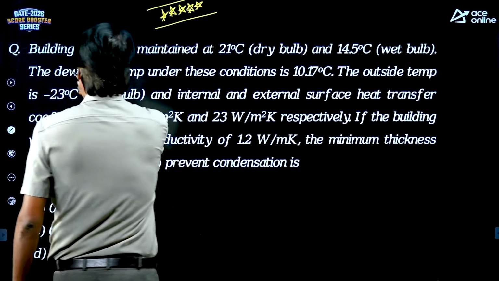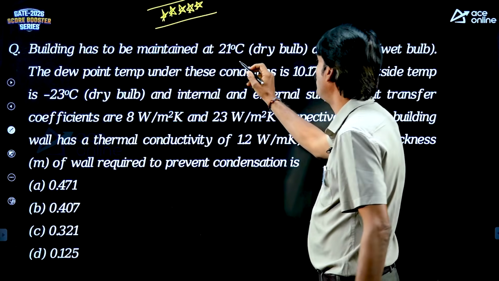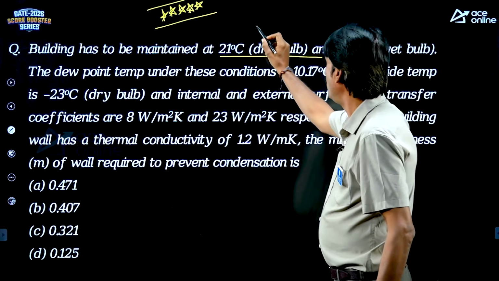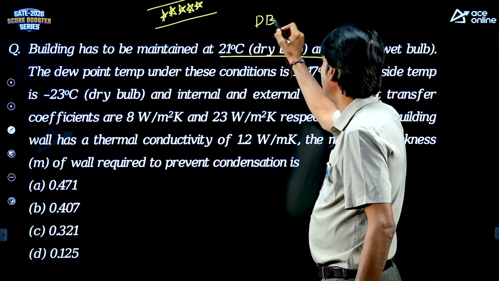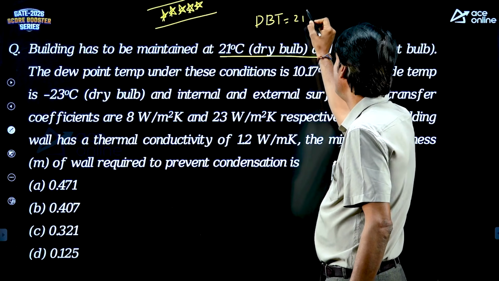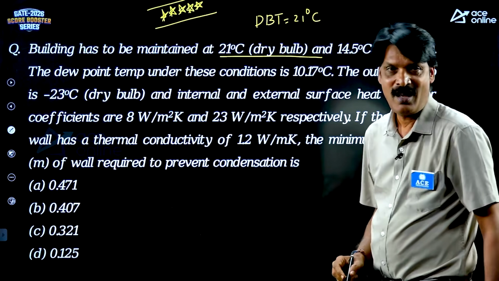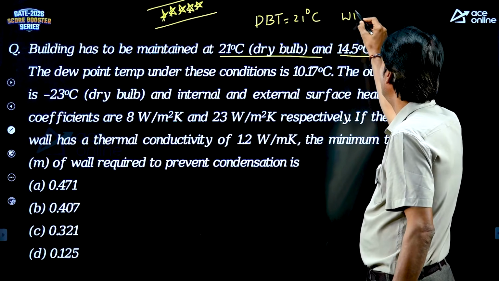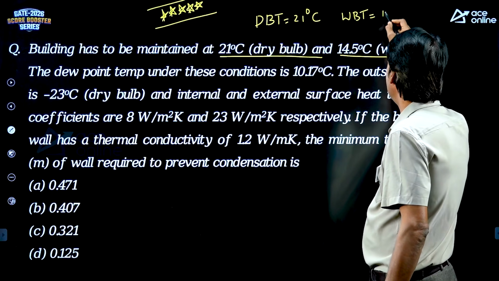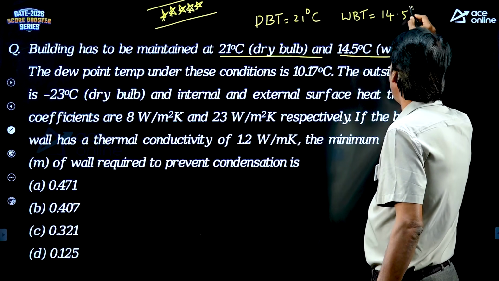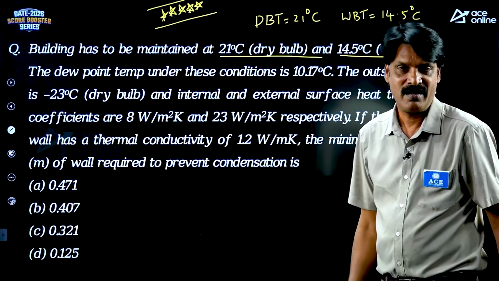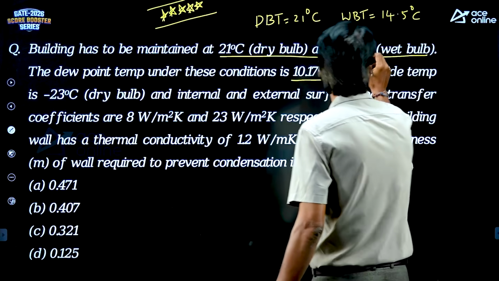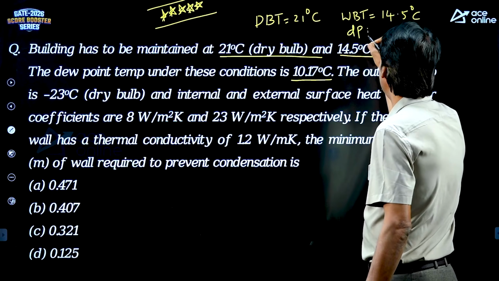It says a building has to be maintained at 21 degrees centigrade dry bulb temperature, DBT, and 14.5 degrees centigrade wet bulb temperature. And the dew point under these conditions is 10.17 degrees centigrade.